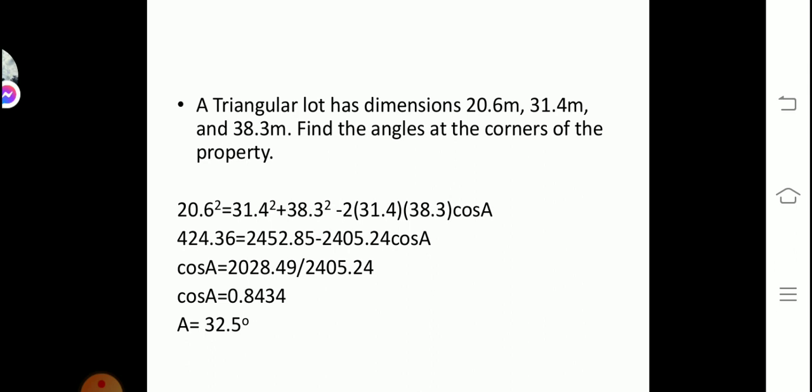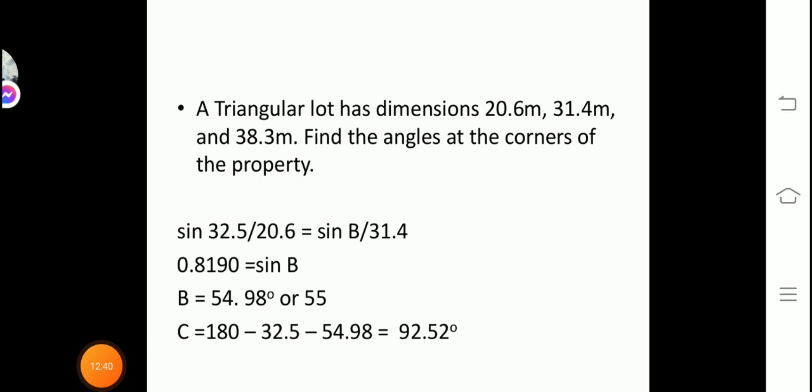Another example. A lot has dimensions 20.6 m, 31.4 m, and 38.3 m. Find the angles at the corners of the property. So sin 32.5 divided by 20.6 equals sin B over 31.4.